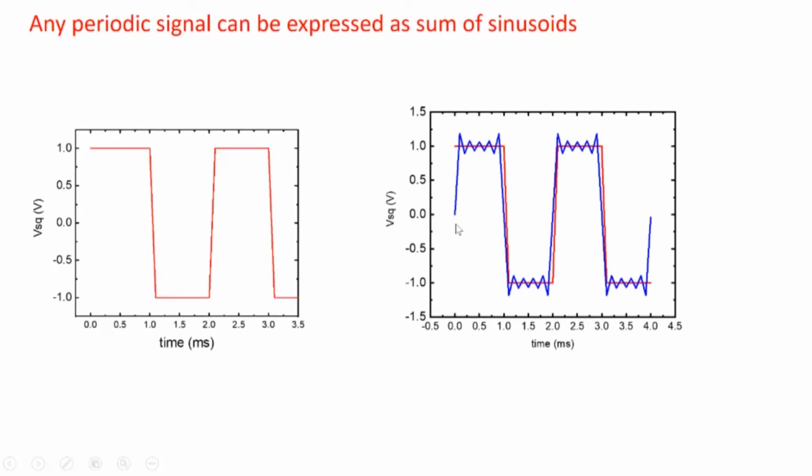Mathematically, the square wave signal can be expressed in this particular form here. So a sum of sinusoids, and in this case I think we have taken a sum of 5 sinusoids, and the approximation to a square wave is reasonable. If we take more sinusoids, the approximation to a square wave becomes more and more accurate.